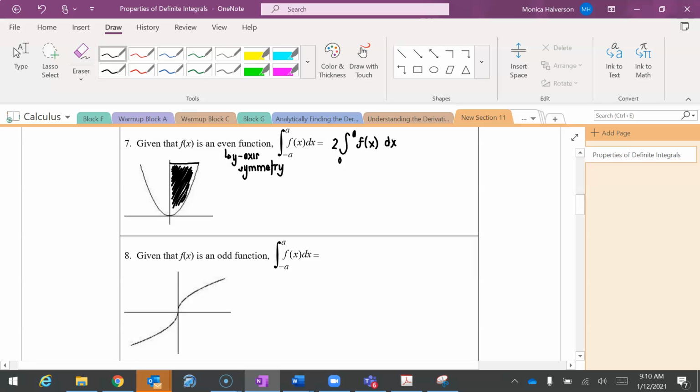Now, given that our function is an odd function, and remember that means origin symmetry, the definite integral from negative a to a of f of x dx equals 0. And let's talk about why that would be the case. I'm sorry, I just realized I drew my image incorrectly.